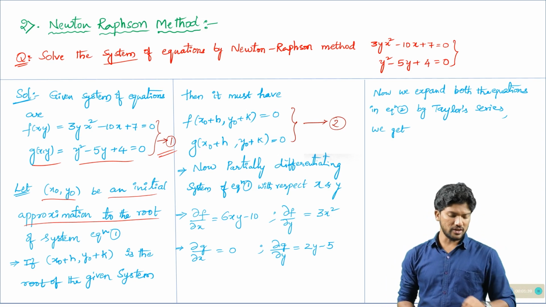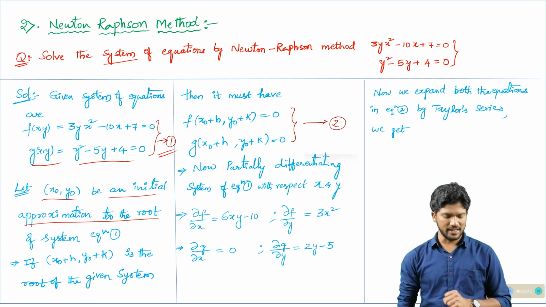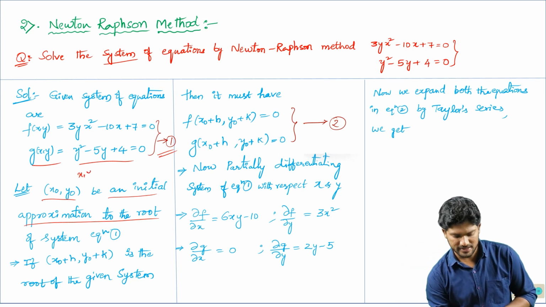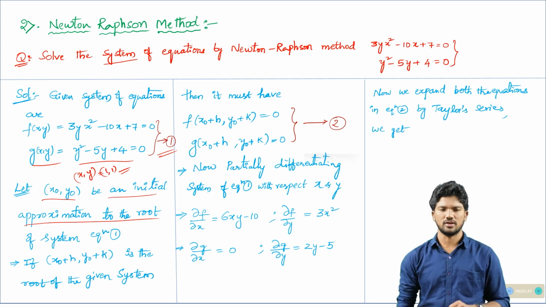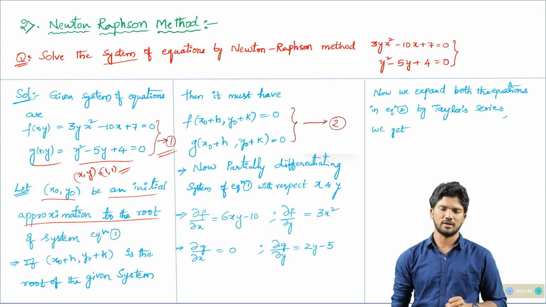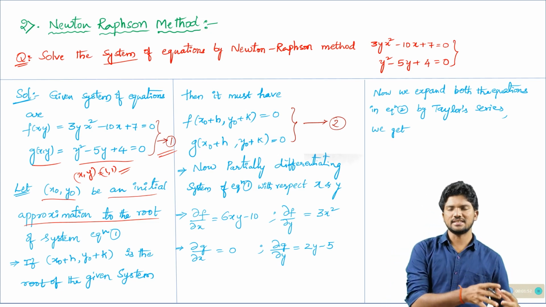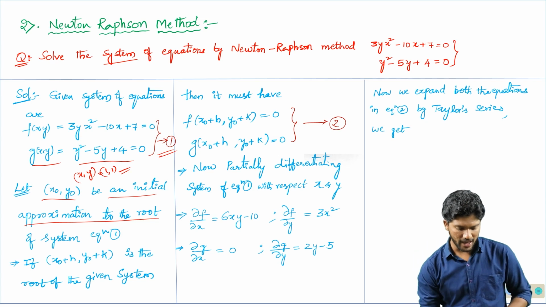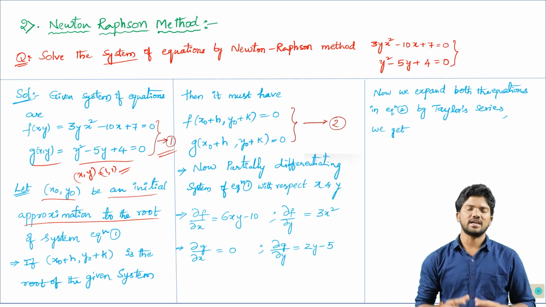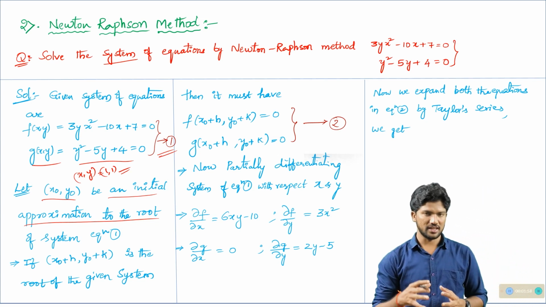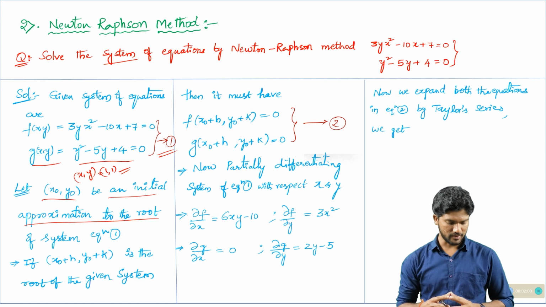By observing clearly, you can say that x comma y equal to 1 comma 1 is the actual root of equation number 1, but we are considering x naught comma y naught as the initial approximation for the given system of equations number 1.